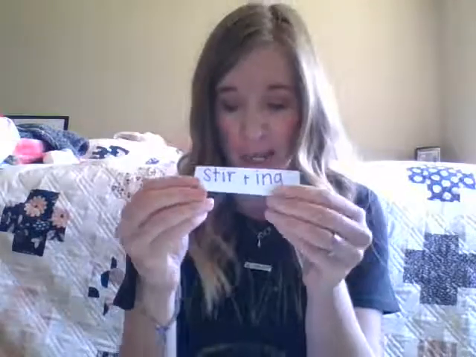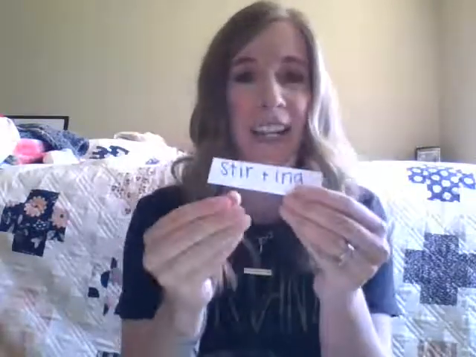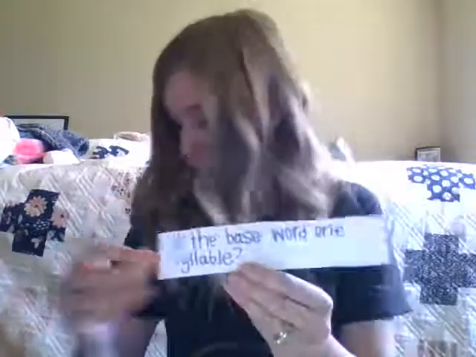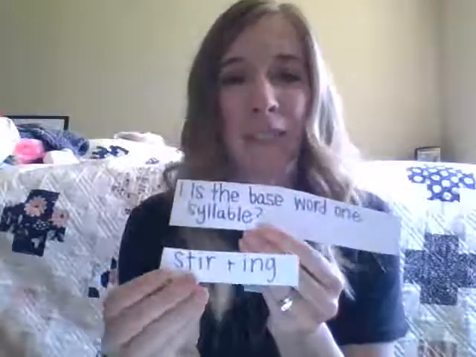Great job. Let's go over a word that applies as well. We have stir. We're adding the ending ing, and we want to turn it into stirring. So let's go over our rules. First one, is the base word one syllable? Is that one syllable?